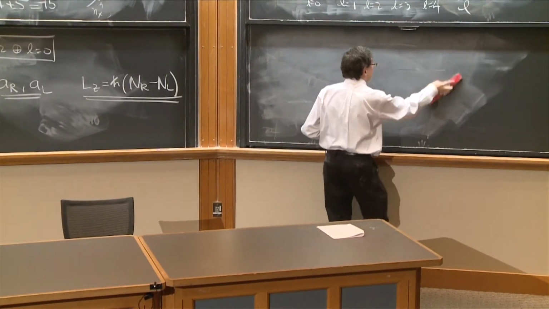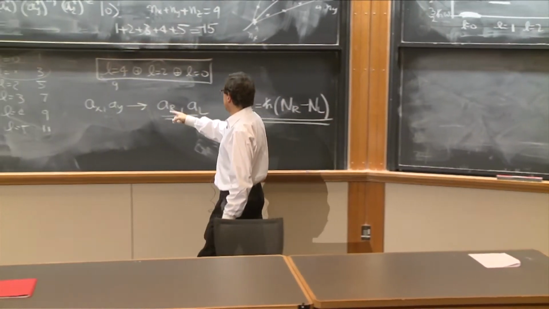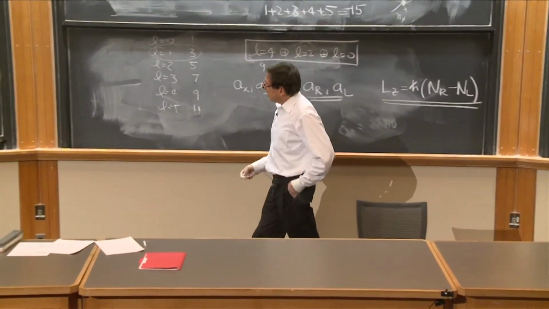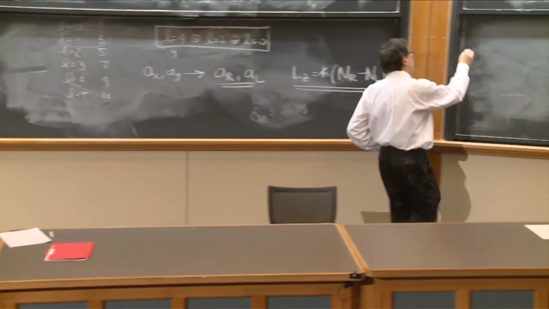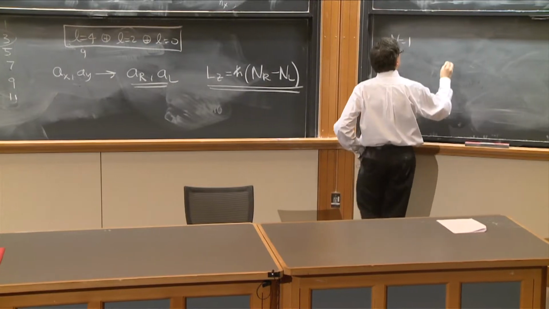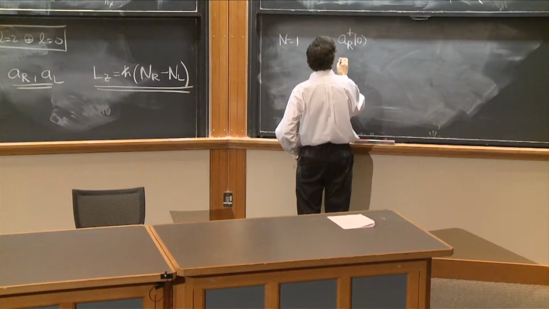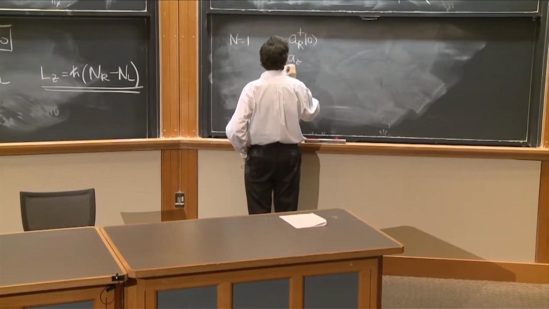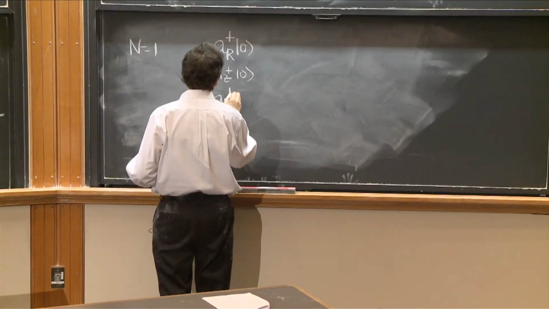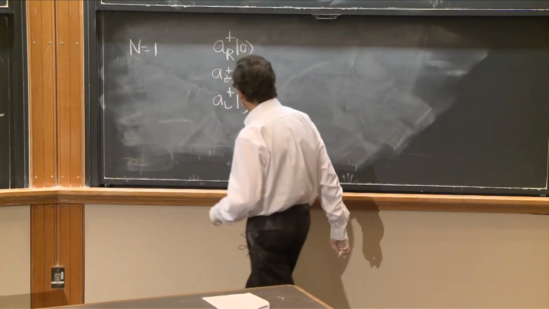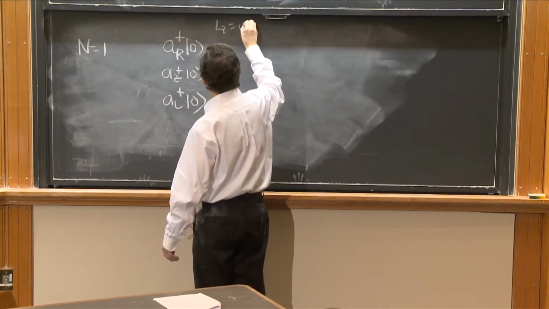So here we go with a little analysis. How would you build states now in this language? You can understand things better in this case because, for example, for n equals 1, you could have a state A right dagger on the vacuum, A Z dagger, and A left dagger on the vacuum. And then you can say, what is the Lz of these states?